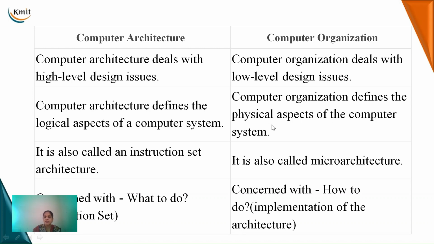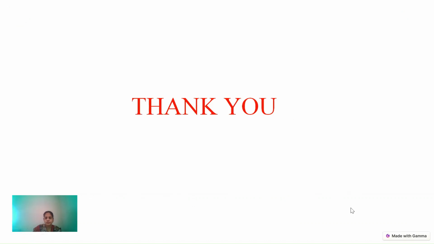Computer architecture is also called instruction set architecture, whereas computer organization is also called microarchitecture. So overall, computer architecture is concerned with what to do, whereas computer organization is concerned with how to do or how to implement. Thank you.